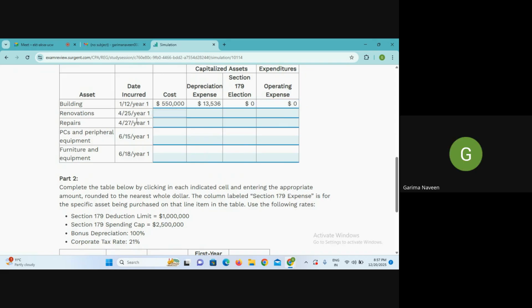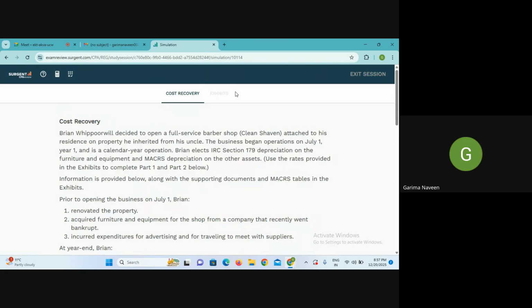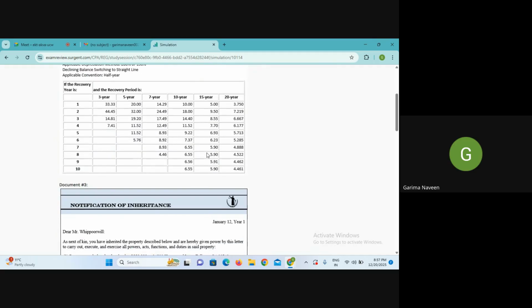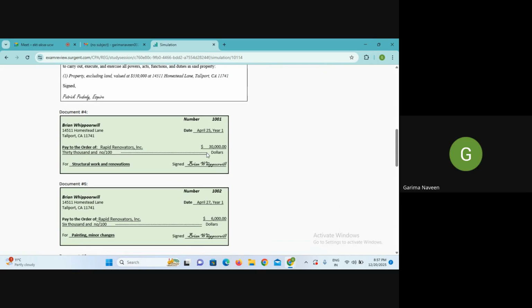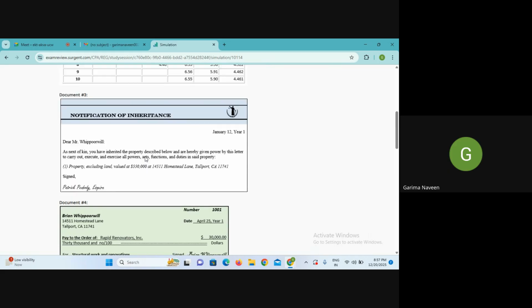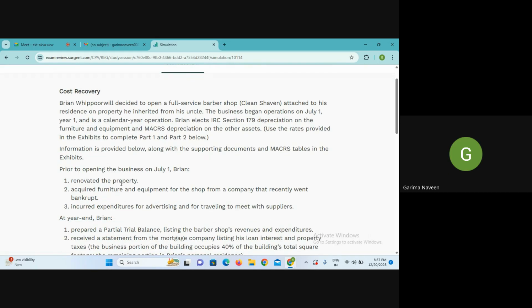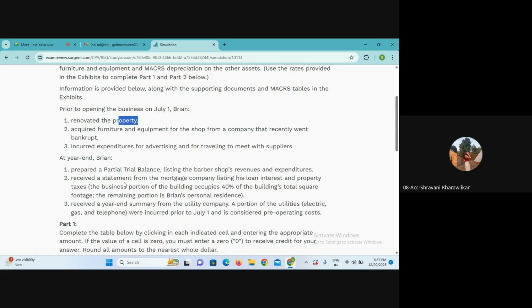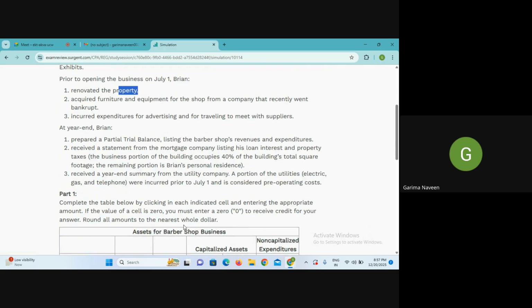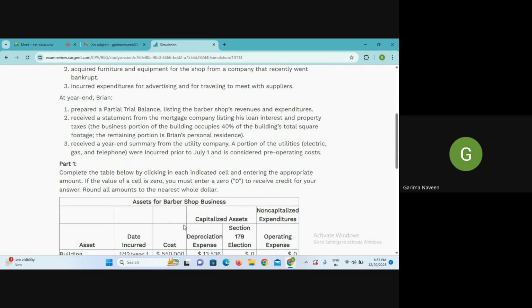Okay, so next is renovations. So you are doing renovations. Renovated the property, but anything related to renovation is not given here, I think.